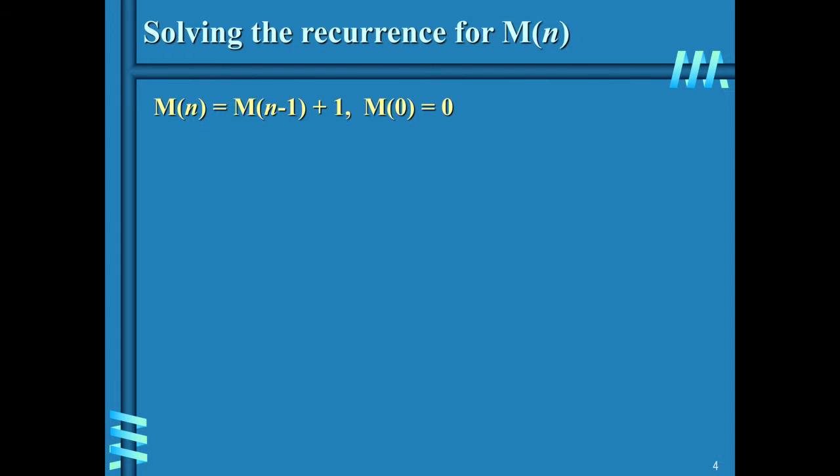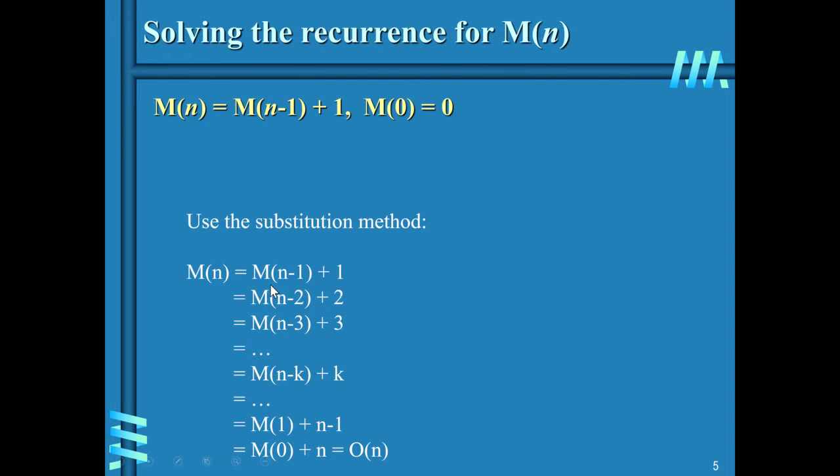To solve this recurrence, we would like to find out the runtime in the end. So we need to find the formula for M(n) which doesn't rely on this recursive definition. And intuitively, we can use the substitution method, right? We replace M(n-1) by M(n-2) plus 1.